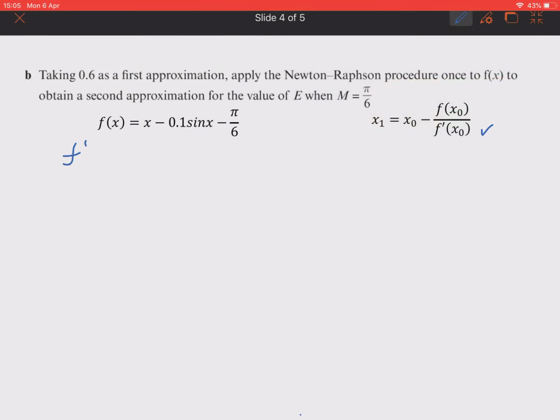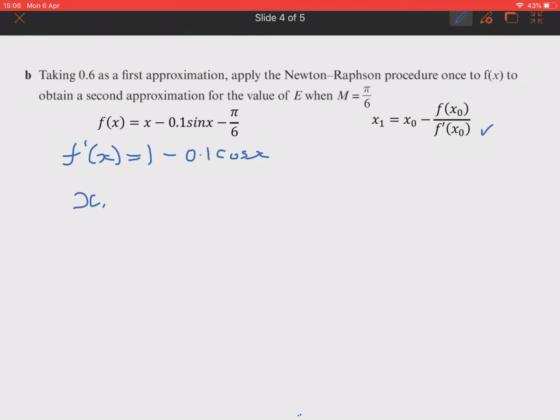So f dash x is, if we differentiate x we get 1, we differentiate sine x we get cos x, and I've got to multiply by 0.1. We differentiate negative pi by 6, I get 0. So that's f dash x: 1 take 0.1 multiplied by cos x.